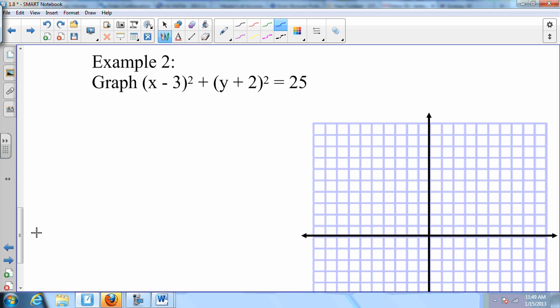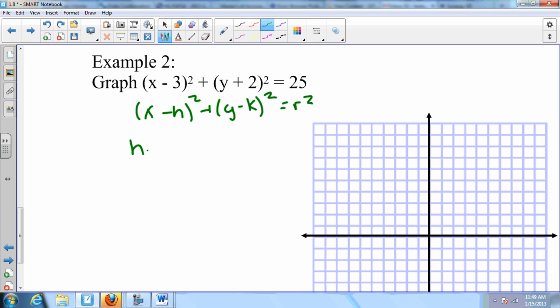If you do have a k and an h, you need to take out those values. Remember, it goes x minus h quantity squared plus y minus k quantity squared equals r squared.